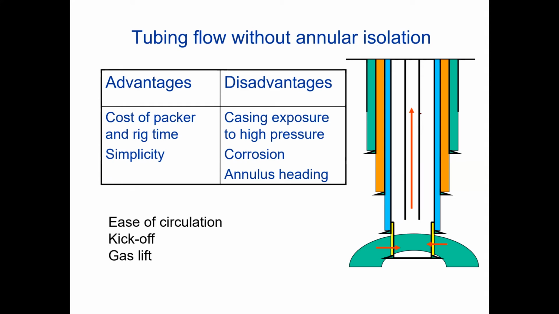So to protect the casing, especially for low flow rate wells, you can run tubing but don't put a packer.